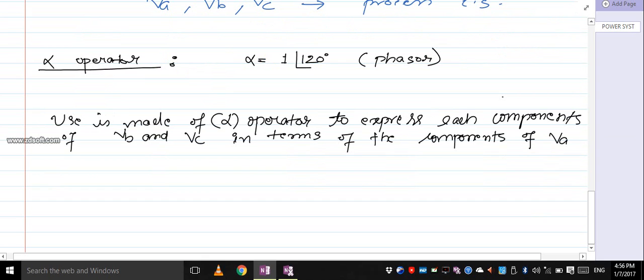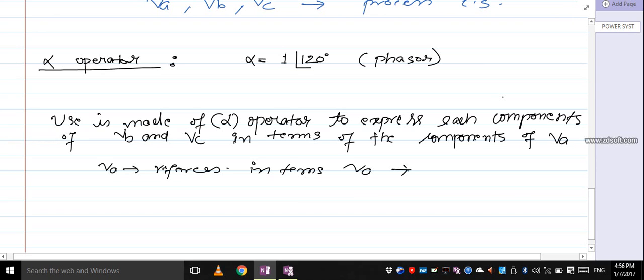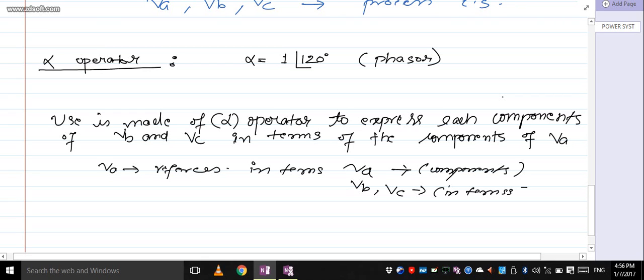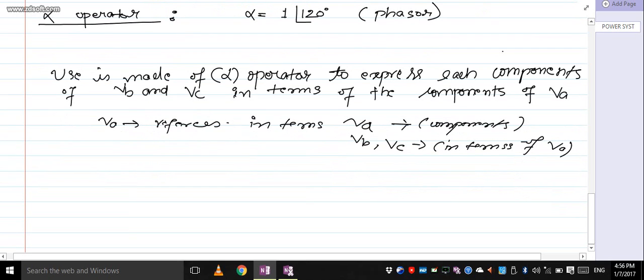That is, now we are taking VA as a reference, and in terms of VA and its sequence components, we are trying to write the other phasors, that is phasors B and C. So that is what we have written above. Okay, now let us see how to do that.